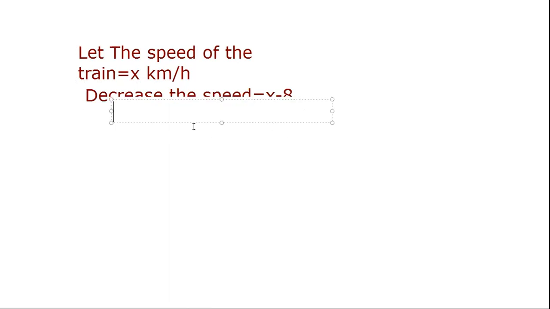Okay, then you know what the relation between speed, time and distance is? Distance is already given as 480 kilometers. Now I'm asking you about distance, speed and time. It is a very simple thing you just keep in your mind.